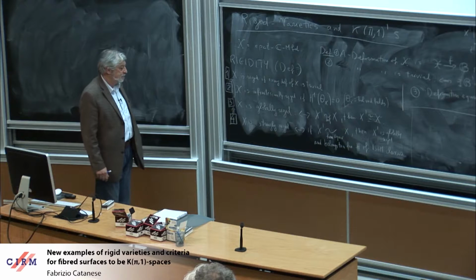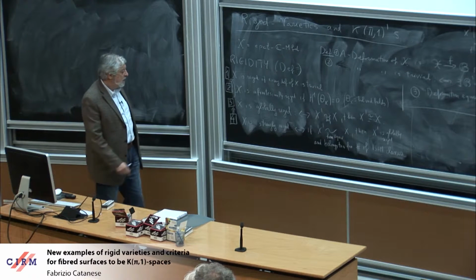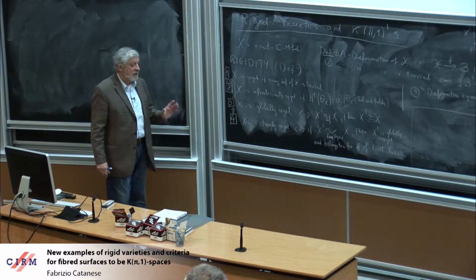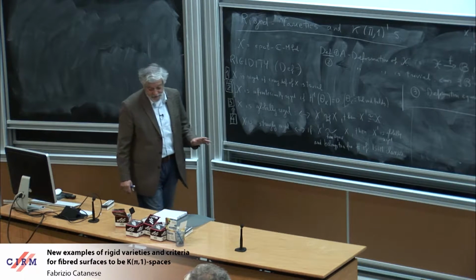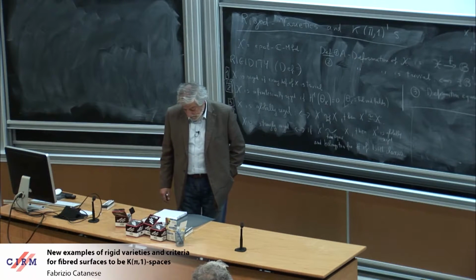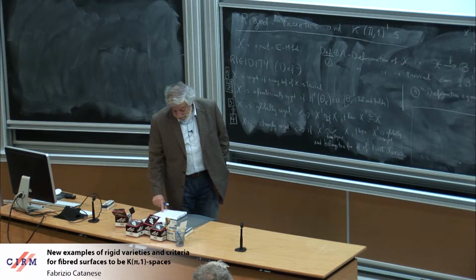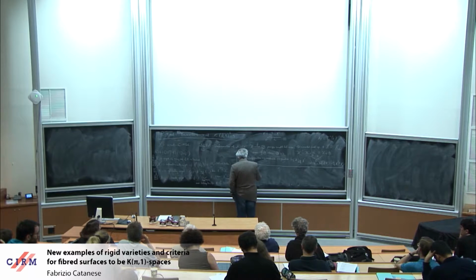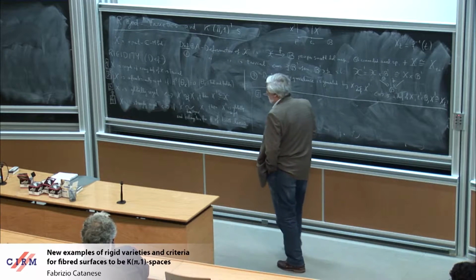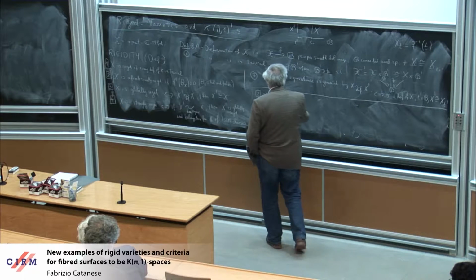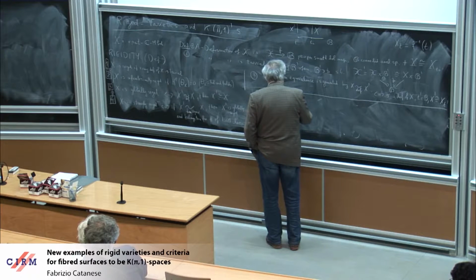And then, moreover, infinitesimally rigid implies rigid, so two implies one. This was proven by Kodaira and Spencer, but more generally follows from the Kuranishi theorem.